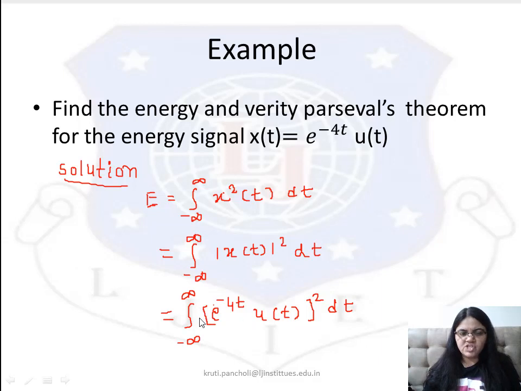So here we can change the limit from 0 to infinity to get u(t) equal to 1. Simply we are understanding that u(t) equals 1.